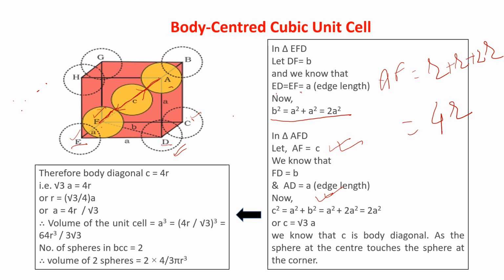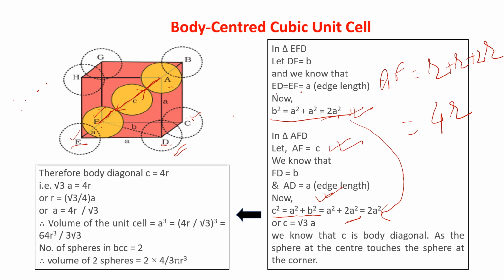So c square is equal to a square plus b square. Now, b square is 2a square, so c square is a square plus 2a square, which is 3a square.